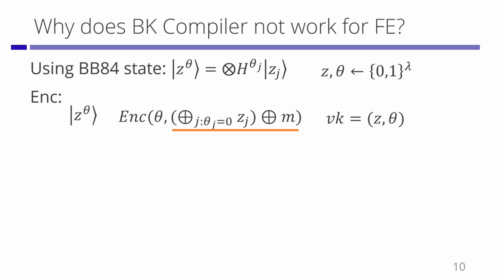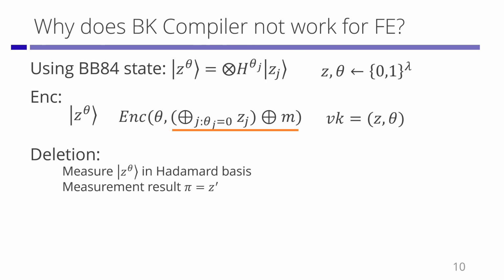And by using the underlying encryption algorithm, we slightly modify the encryption algorithm like this. We first generate the BB84 state, and we encrypt theta and mask the plaintext. The plaintext M is masked by the computational basis part of Z. And the verification key consists of Z and theta. This is the transformed encryption algorithm.